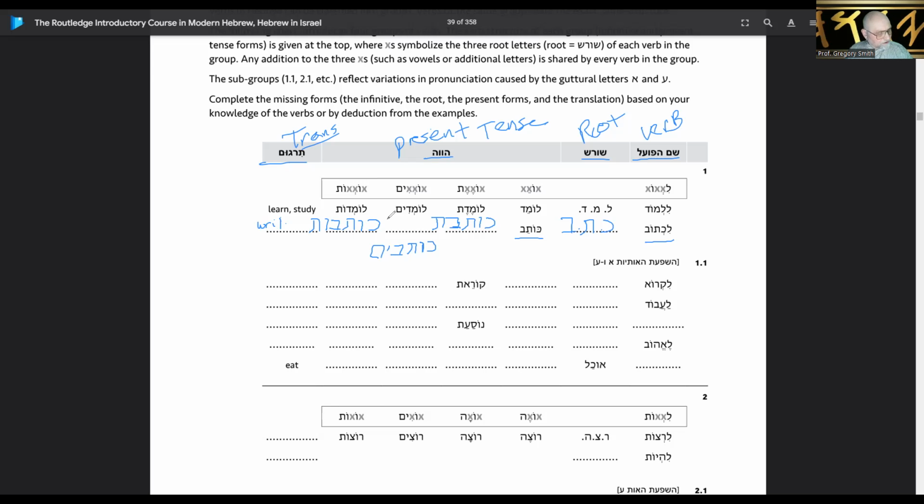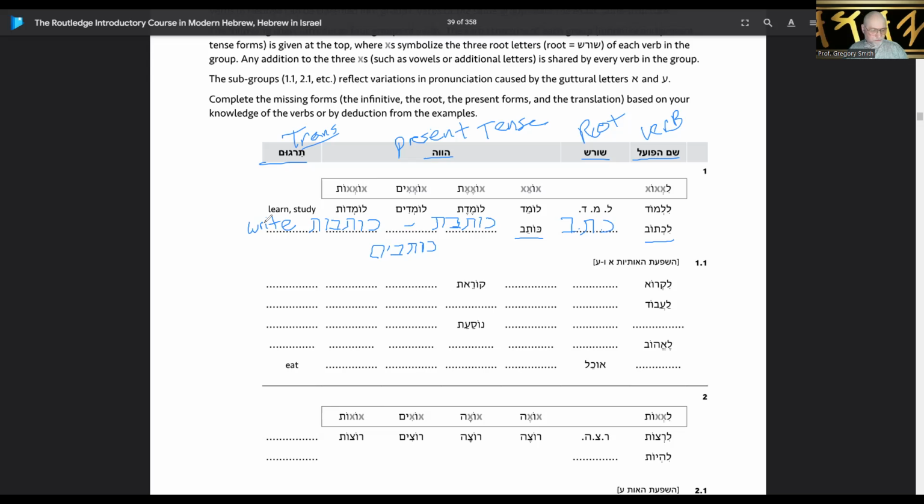Still doing that same thing. Get it to work eventually. Okay, so that's what should go in there. We should have katav, kotevet, kotevim here, and then kotevot here.